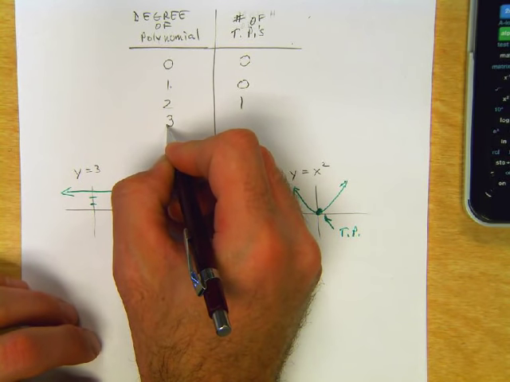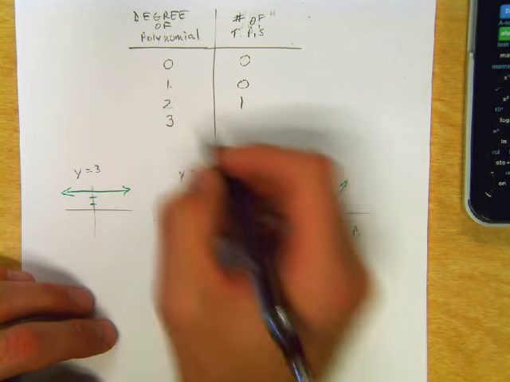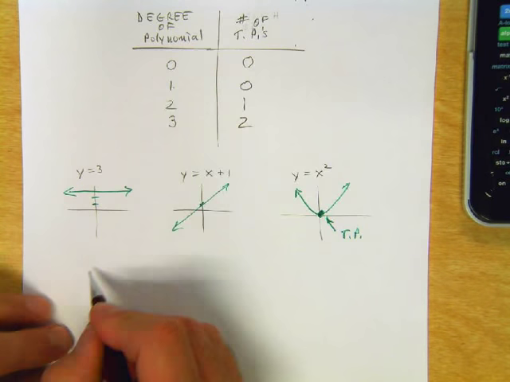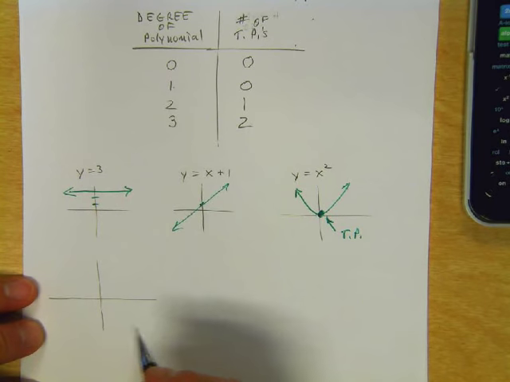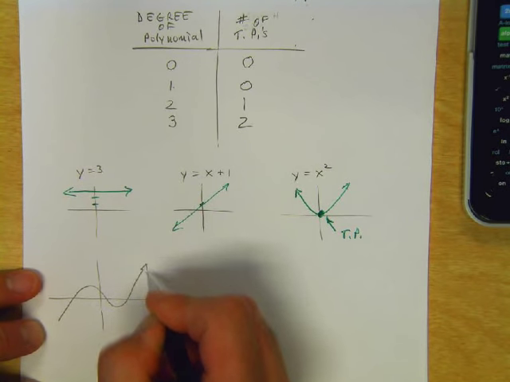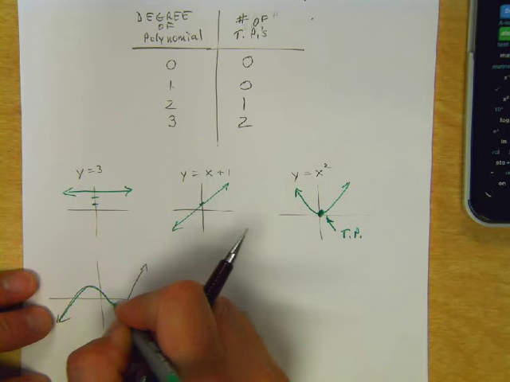Okay, degree of polynomial equals 3. That's a third degree. That would be a cubic. What's the maximum number of turning points? Yeah, 2. There's an example of a cubic right there.